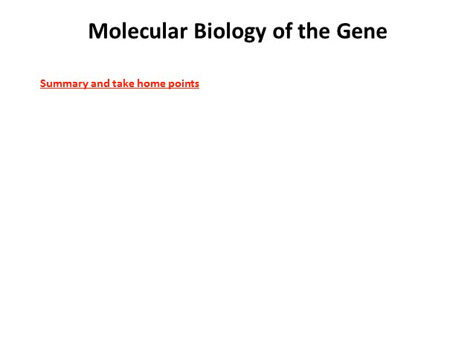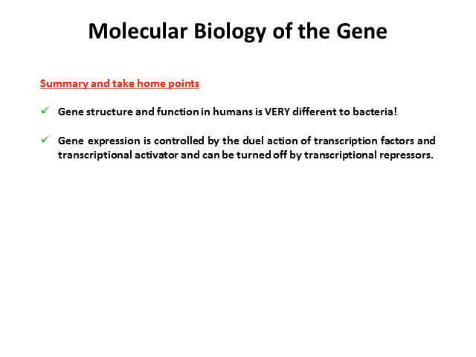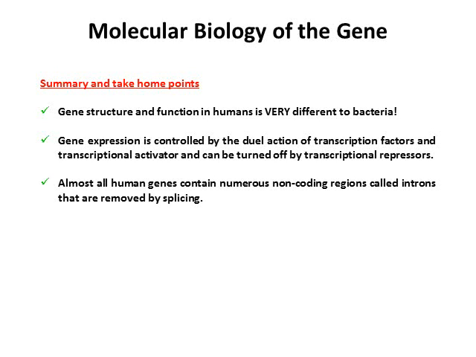So just a few summary and take home points from this lecture then. So we've looked at gene structure and function, and hopefully you've seen that it's very different to the process that goes on in bacteria. We've talked about how gene expression is controlled by transcription factors, both transcriptional activators and transcriptional repressors.